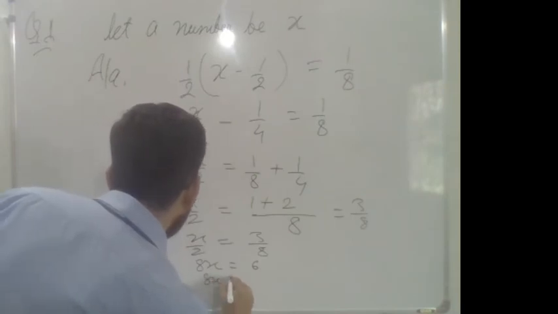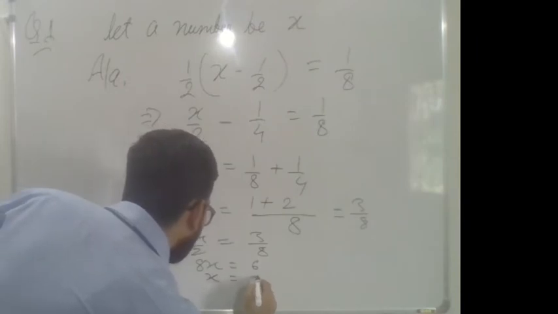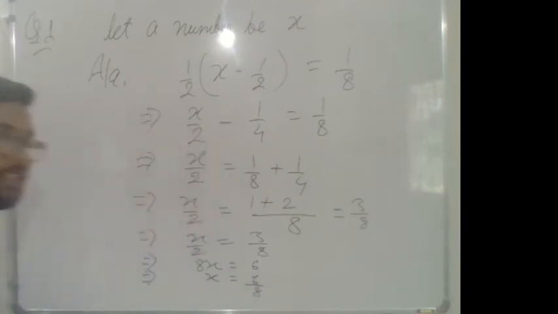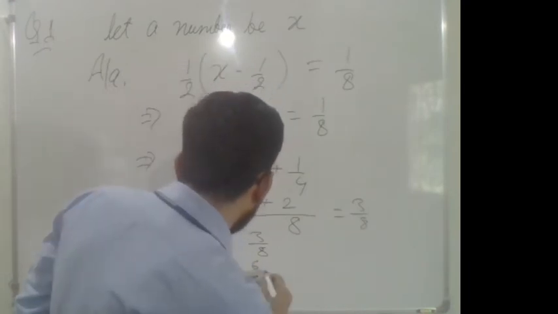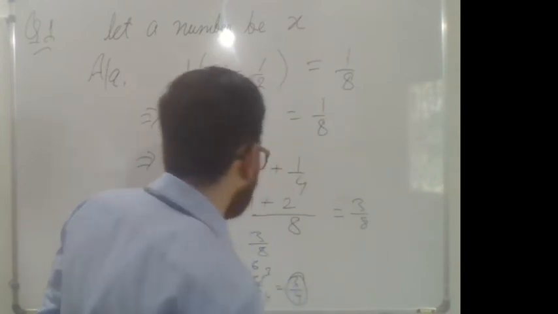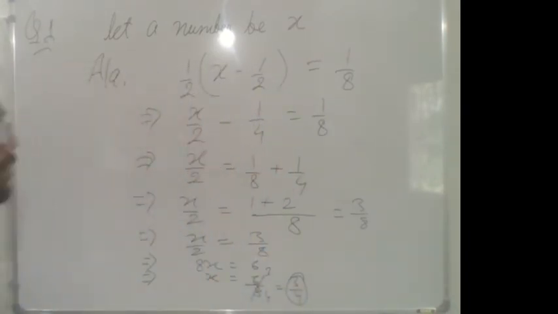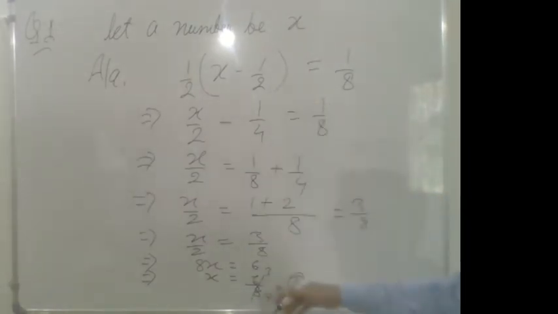So 8x is equal to 6, which means x is equal to 6 by 8. Cut it by 2: 2 threes are 6, 2 fours are 8, so 3 by 4. So when you solve, you will get the number as 3 by 4.